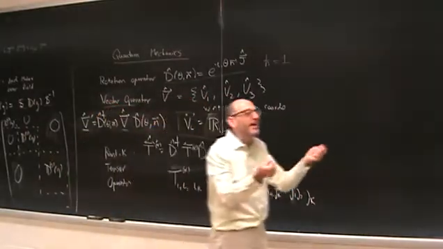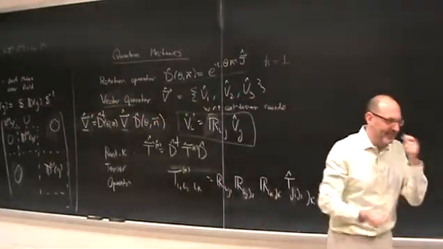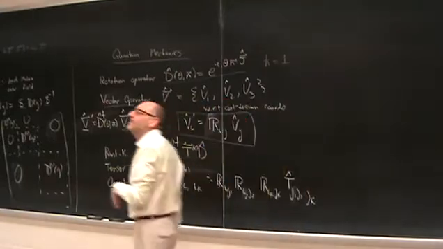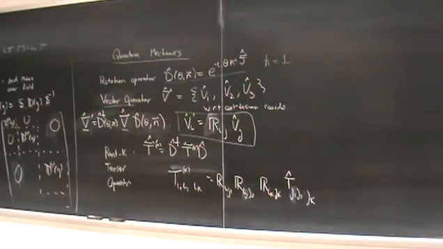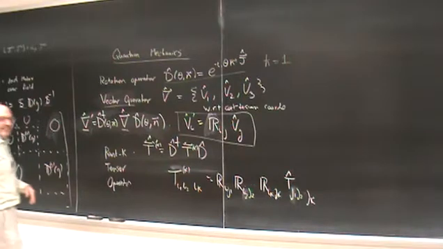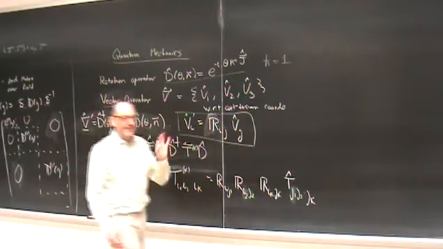This is always confusing. There are two kinds of vector spaces we're dealing with. There's three-dimensional space, here we are. And there's Hilbert space, which is a different vector space.